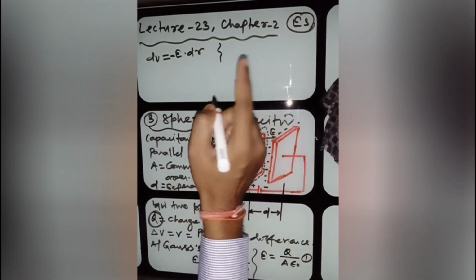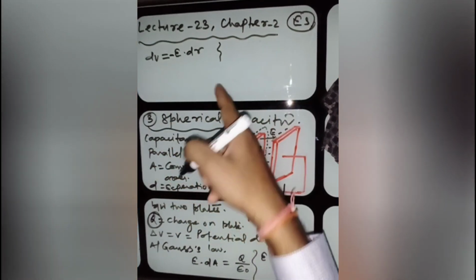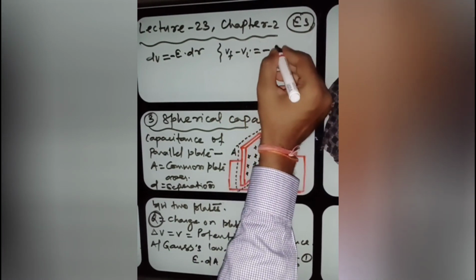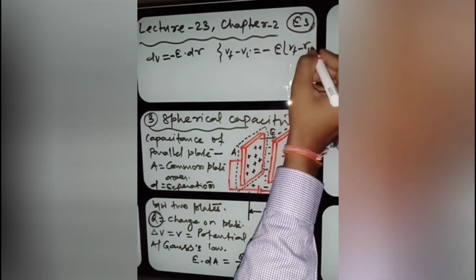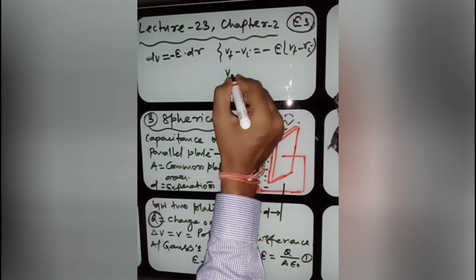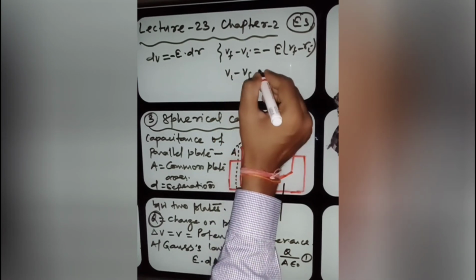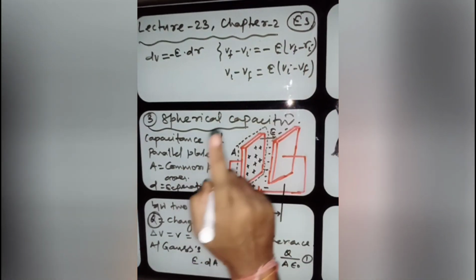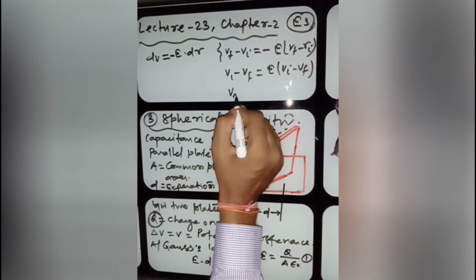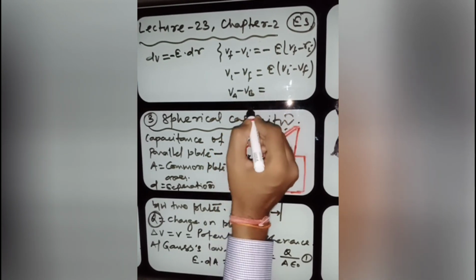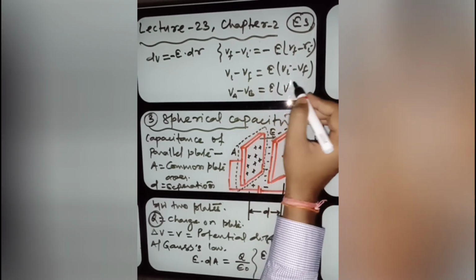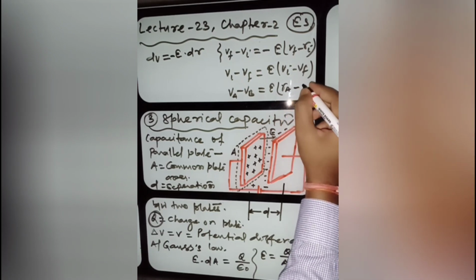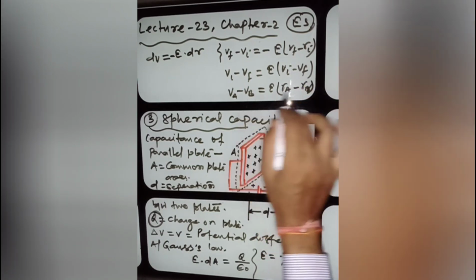Again I'm writing this one just to recall, this is not part of your notes for this derivation. dV, that is V final minus V initial, is equal to minus E times R final minus R initial. But if you write V initial minus V final, then you have to write E times that, and the minus will compensate. It means from A to B, it will be E with R from A to R B, in such a way.